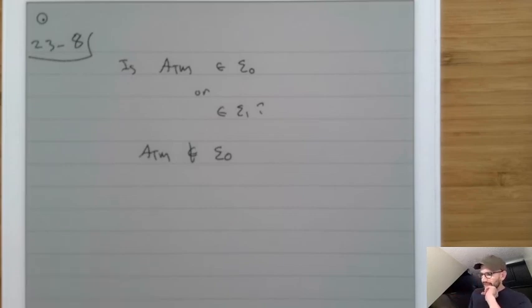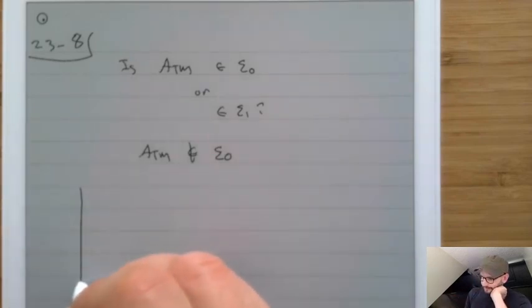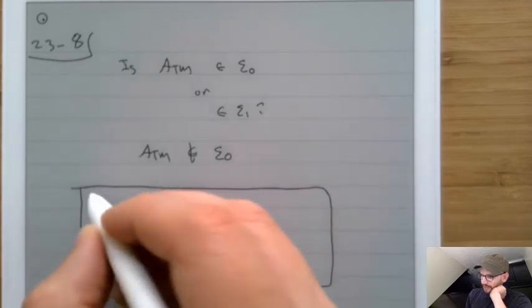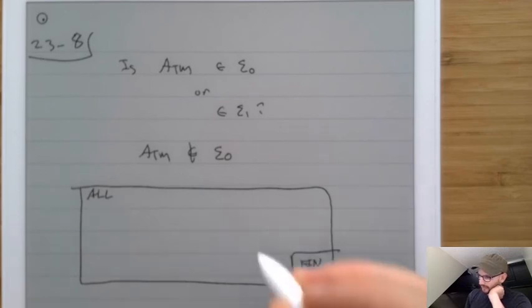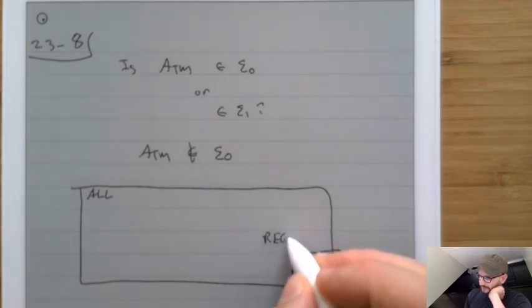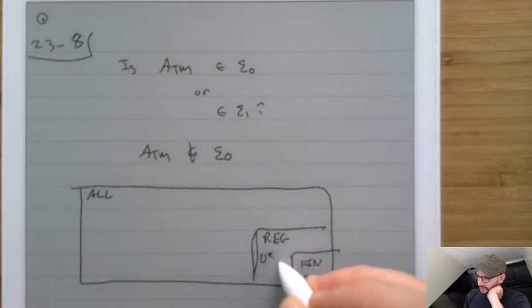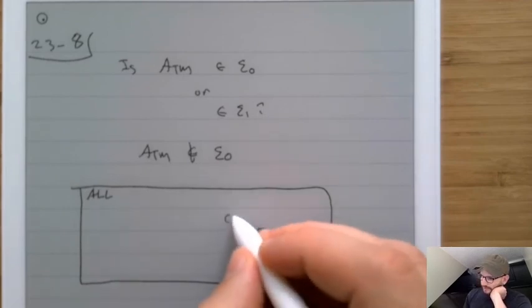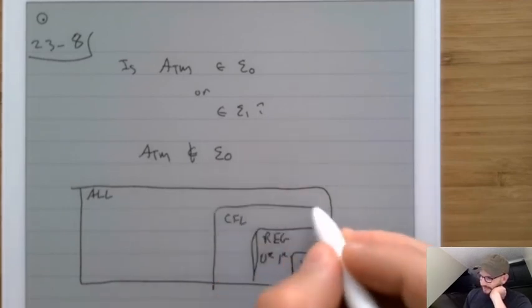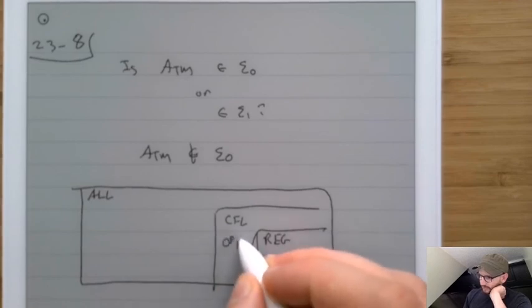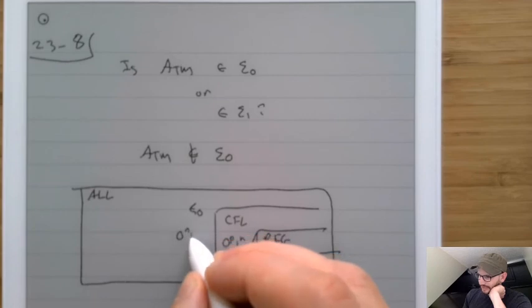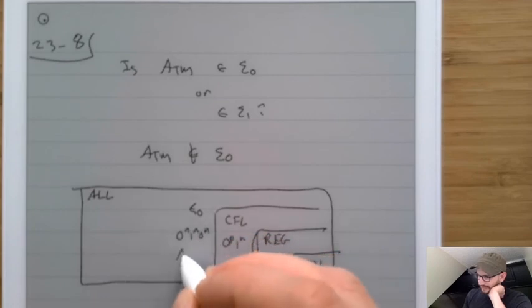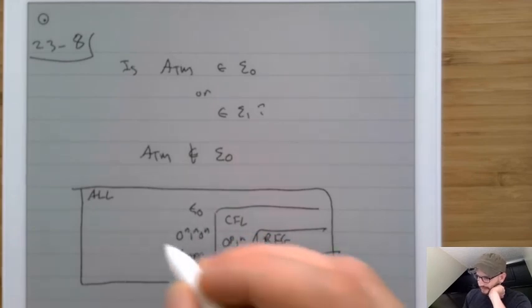So what this is going to mean is that our picture, all, is going to look like this. We've got fin, and fin has got 0, 1. We've got reg, which has 0 star, 1 star. We've got CFL, and CFL has 0 to the n, 1 to the n. Then we've got sigma 0, and it's got 0 to the n, 1 to the n, 0 to the n. It's got ADFA, some cool stuff.